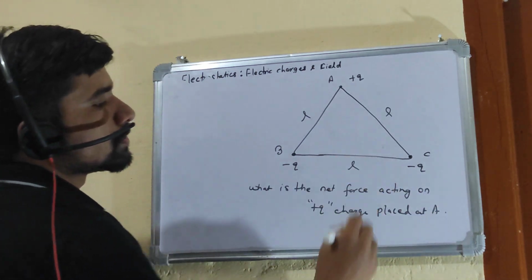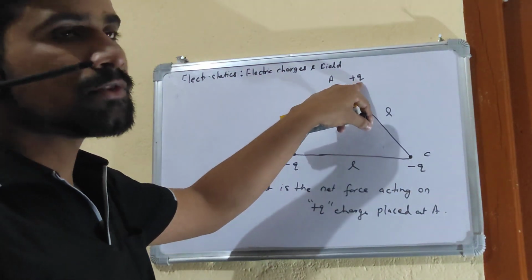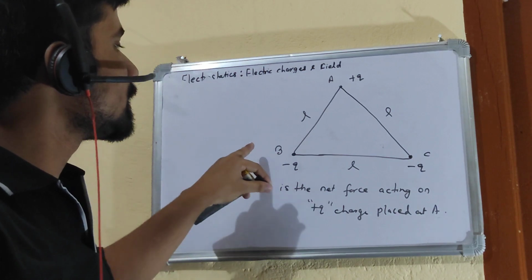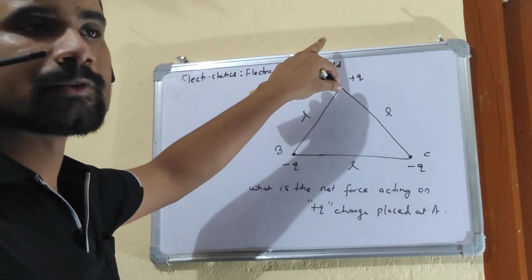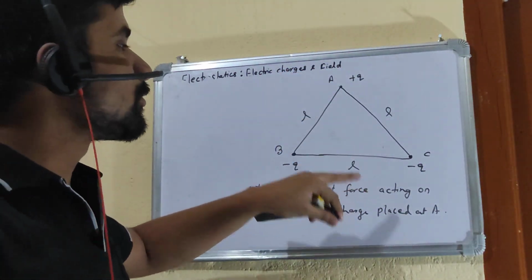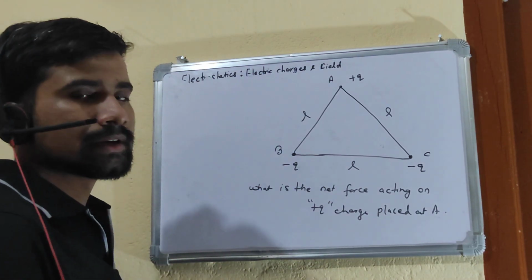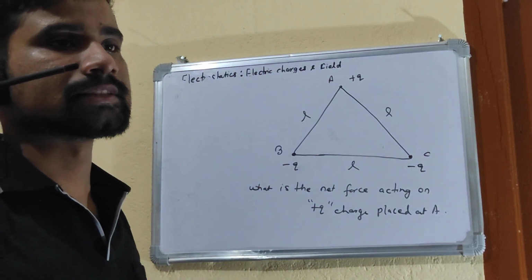You know that B and C will be contributing to that force. So you need to find out what the net force will be, and we'll discuss this in the next lecture. Thanks.